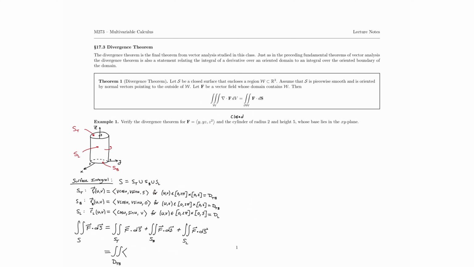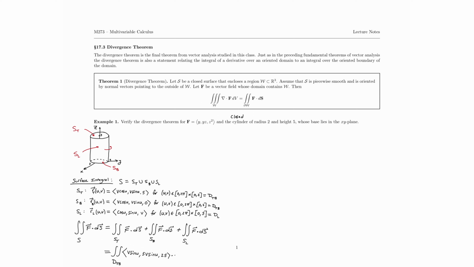So this will be y, yz, and z squared, dotted with our normal vector here, which I will write out and write underneath of it what exactly it is.